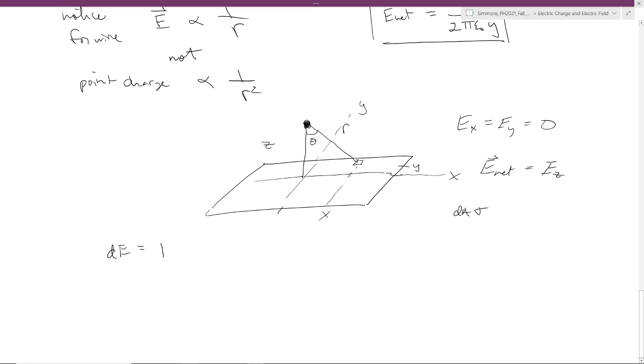So what this would mean is that if you have some patch of area times sigma, that would tell you the total Q on that piece of area. And so this would have units, of course, of coulombs per meter squared. And in x and y, this differential area becomes dx times dy.